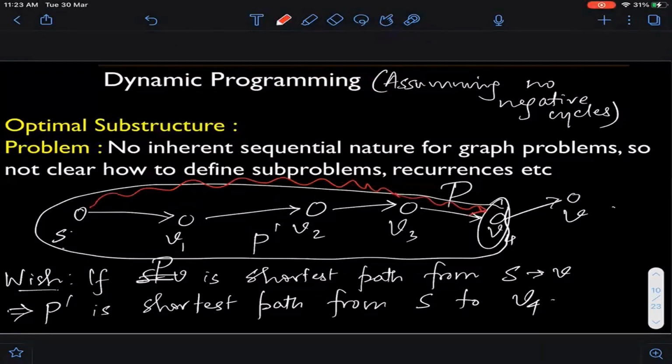But अगर ऐसा है, so then this clearly is contradicting the fact that P is an optimal solution to the problem of finding the shortest path from S to V. Why is that? Well, because I can take this red path and I can just append the last edge and I will have a shorter path from S to V, which is a contradiction. तो S to V अगर optimal होना है, तो ये सब path को भी optimal होना पड़ेगा.